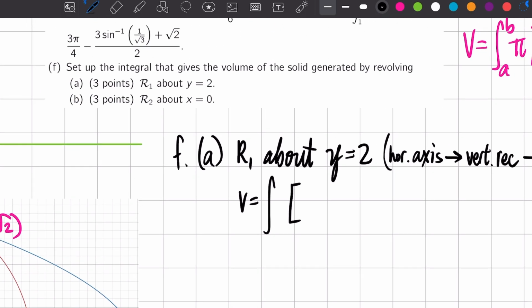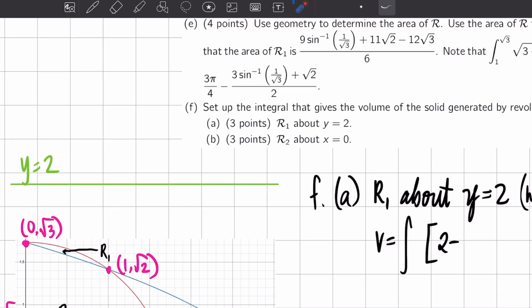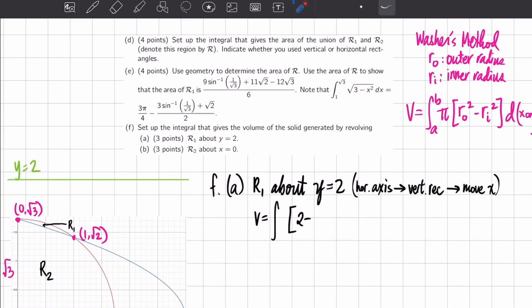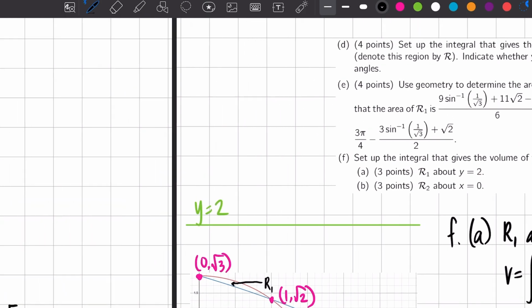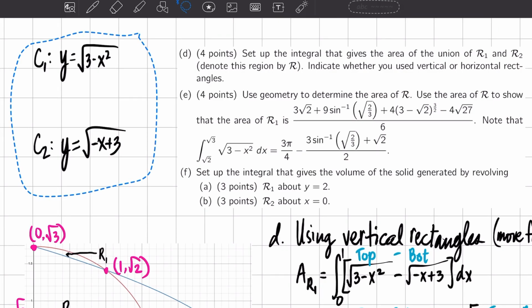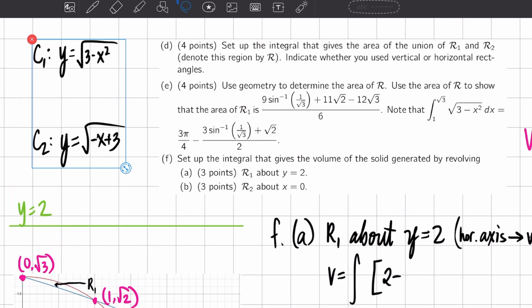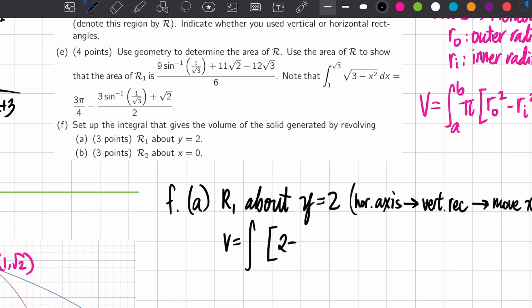So top curve is 2 minus the bottom curve. We are talking about the blue one right here, which is your parabola with equation, this one right here, y equals the square root of negative x plus 3. Okay? So that's the square root of negative x plus 3. And we are integrating with respect to x since we are using functions in terms of x here.